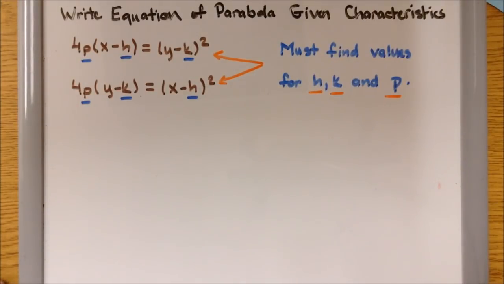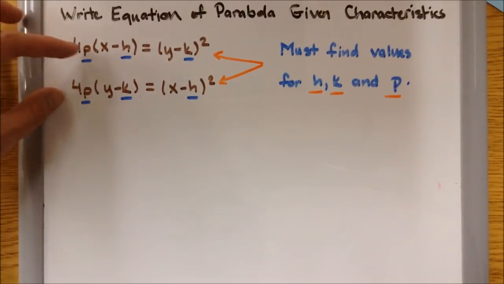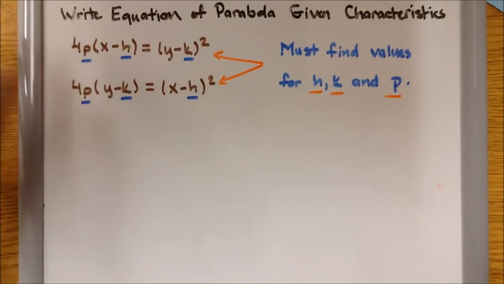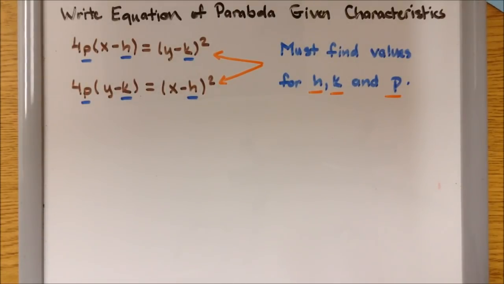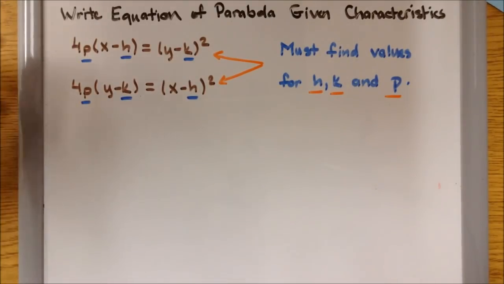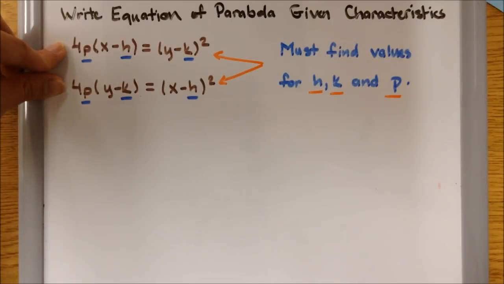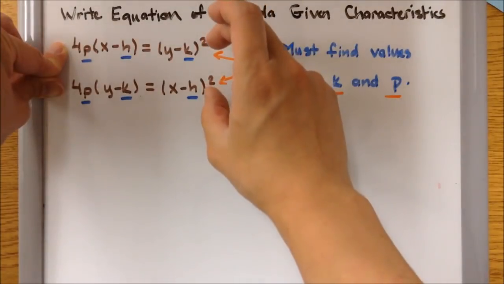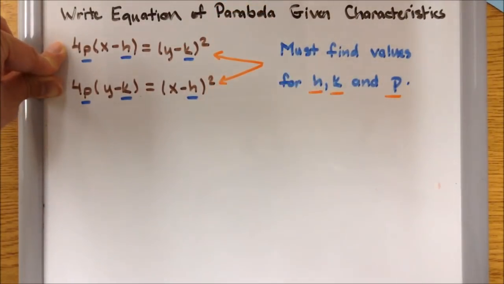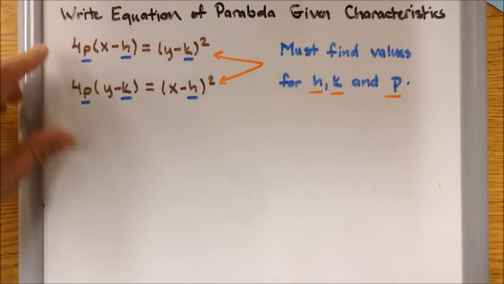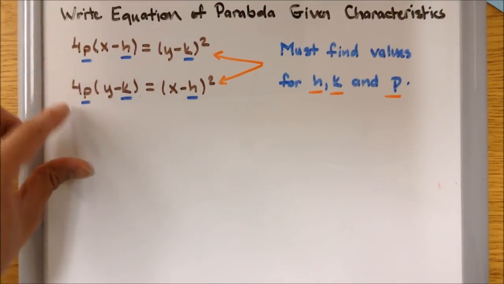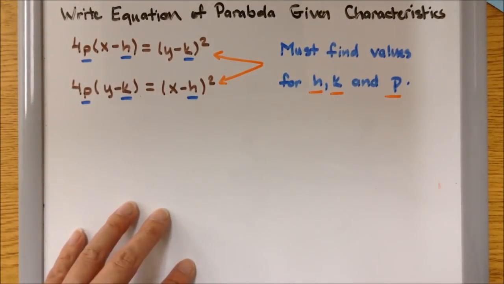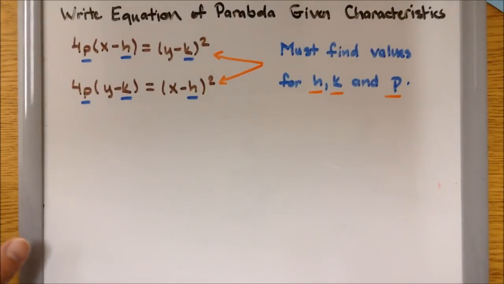Now, the reason I don't rely on the 4p in front of x and the 4p in front of y to tell the difference is because sometimes you might have a 4p value of 1. If you have either of these equations of parabolas and the value of 4p equals 1, it won't help you tell the difference.